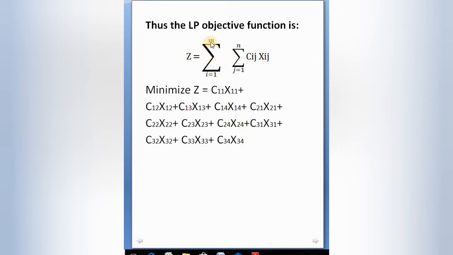The sum of all these things will be the objective function. This is a minimization type, not a maximization type. If the problem is given in maximization type in a transportation problem, you must convert it into minimization type. Here you are going to minimize the cost, so Z is minimization.